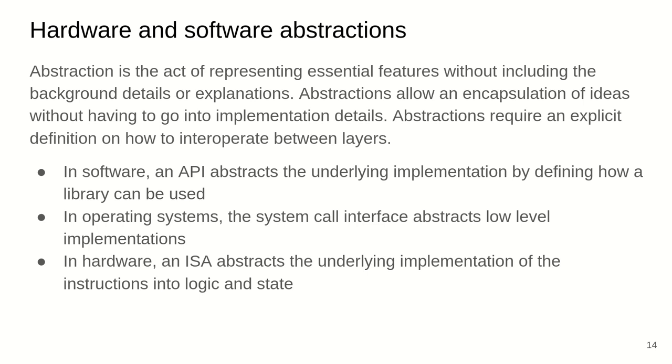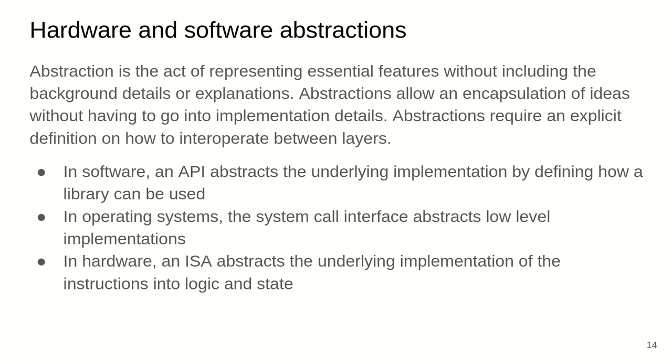So for example, if you look at software, the API abstracts the underlying implementation by defining how a library can be used. And you're likely using the C library, you may be using a threading library, you may be using a database library. There's a lot of libraries. And instead of having to understand all the low-level implementations, you're using the exposed API to access a high-level abstraction, a high-level interface.